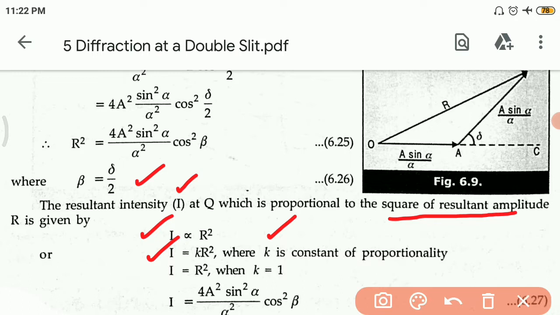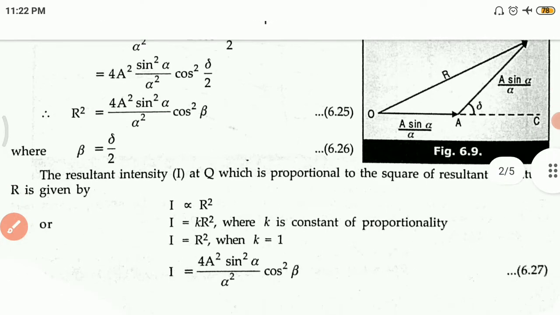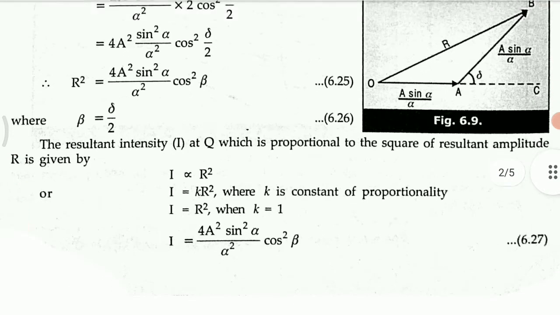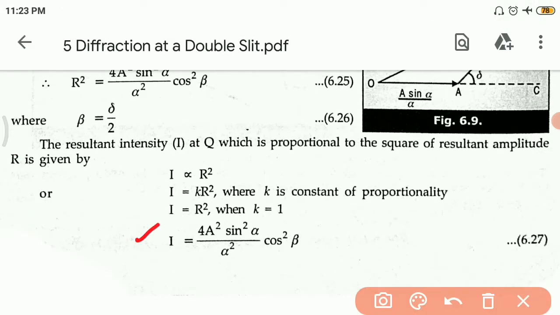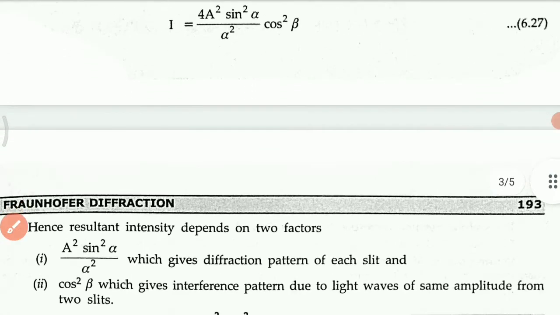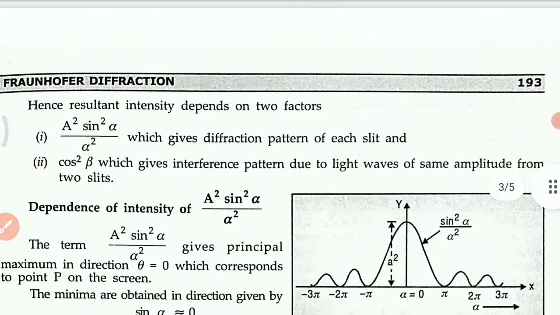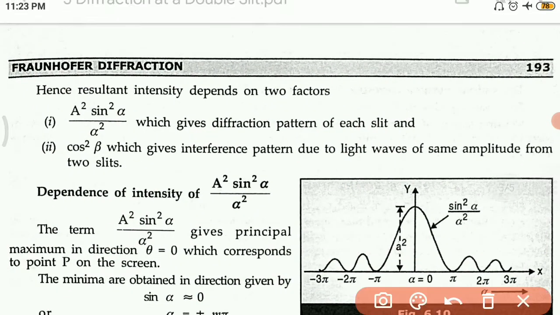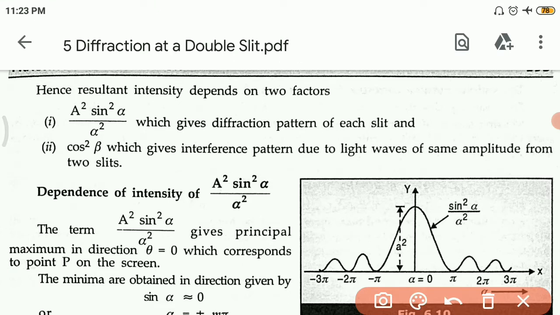Taking this constant k to be equal to 1, let us say I equal to R square. Then we write I equal to 4a square sin square alpha by alpha square into cos square beta. This is the resultant intensity due to the double slit.